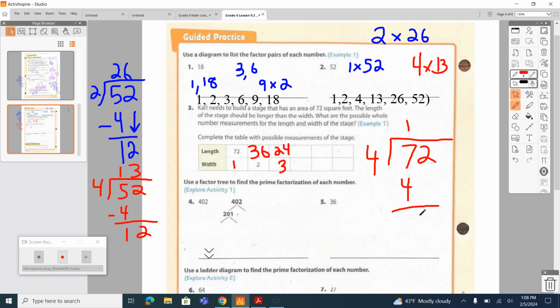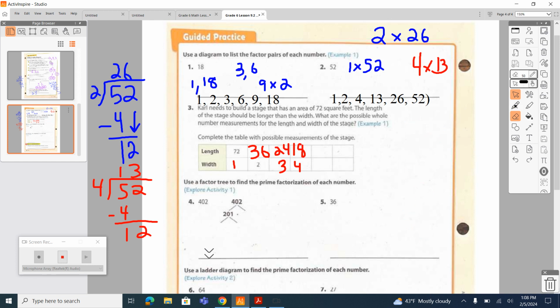Bring down the 2. 4 goes into 32 8 times. So we have 18 times 4.